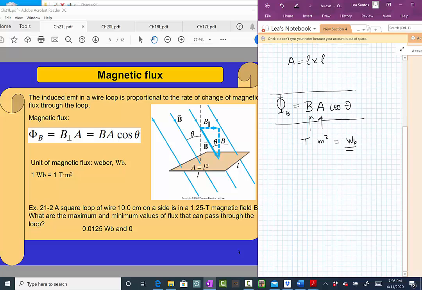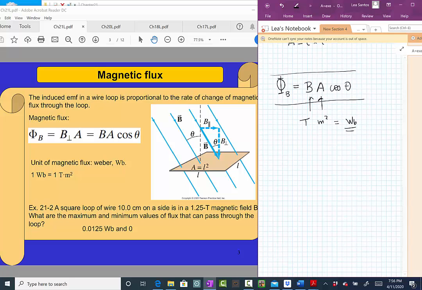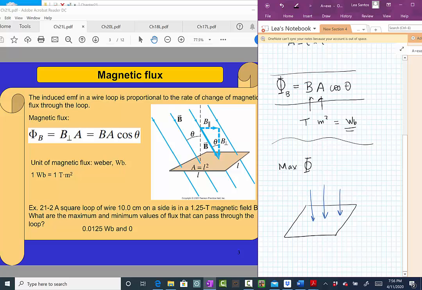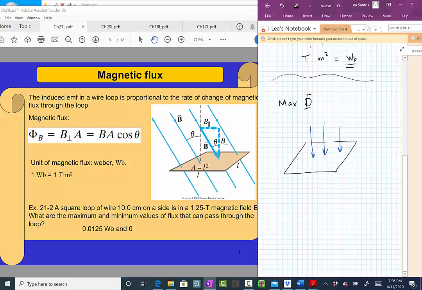So let me repeat what I just said. This is a consequence of the dependence of the flux on the angle. What is the maximum flux that we can have? The maximum flux will be the one that we have when the magnetic field crosses this area perpendicularly. What is the worst scenario, the minimum magnetic flux that we can have?